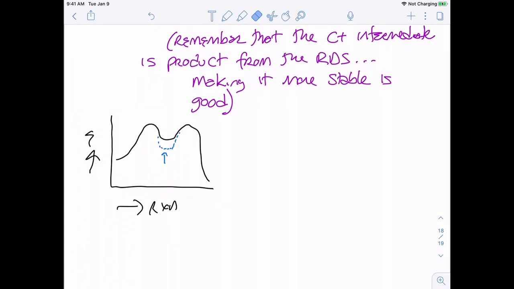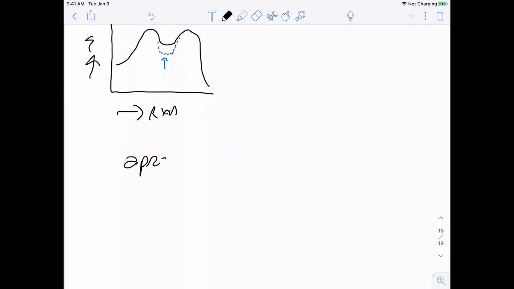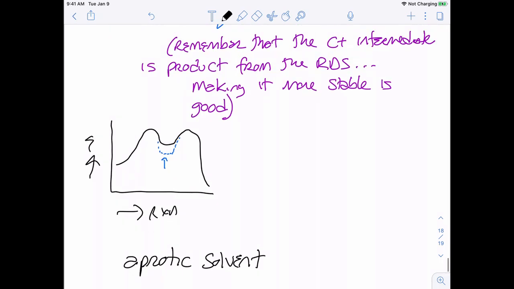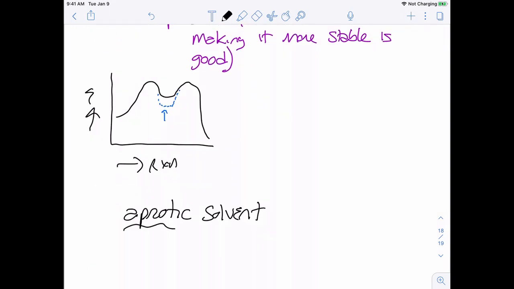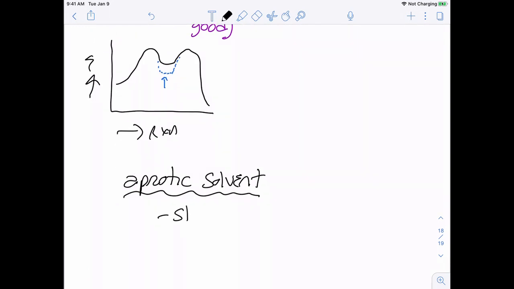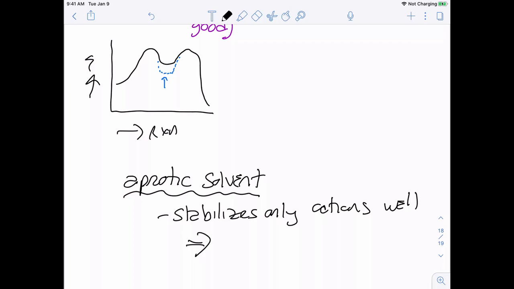If I look at an aprotic solvent, this stabilizes only cation well, which isn't really as important as knowing that it does not stabilize anions well.